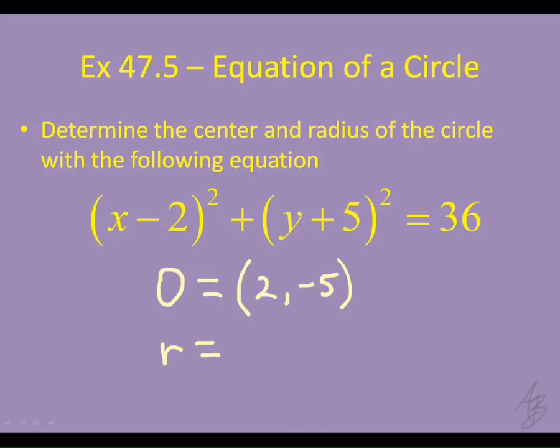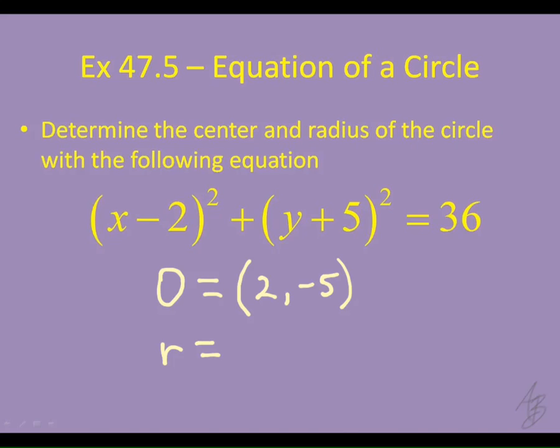H and K are always going to be the opposite of what you're adding on to x and y, because the formula has a minus there. It's x minus h and y minus k. So if you have an x minus something, then it's going to be a positive x coordinate. If you have x plus something, then it's going to be a negative x coordinate. So you always just want to take the opposite of what's with x for the x coordinate, the opposite of what's with y for the y coordinate.